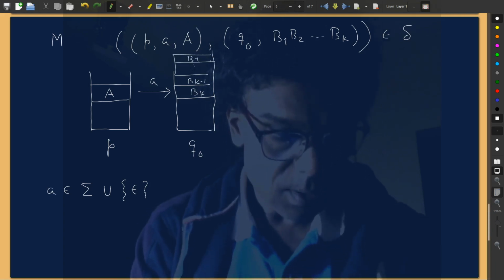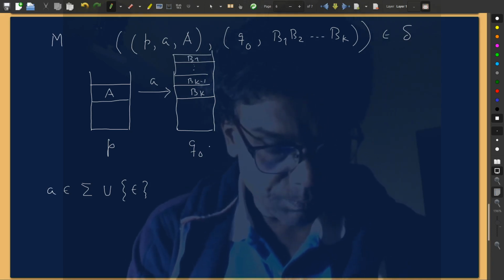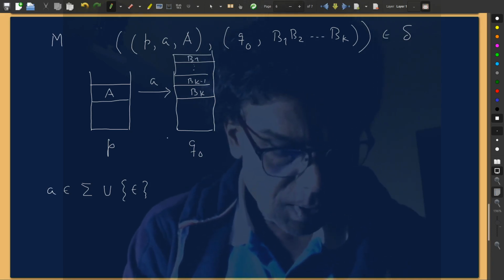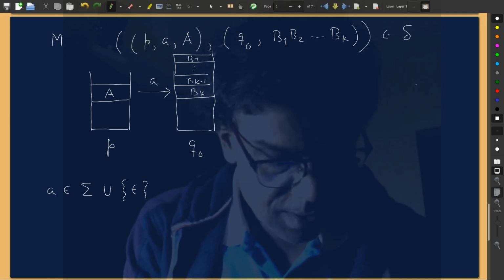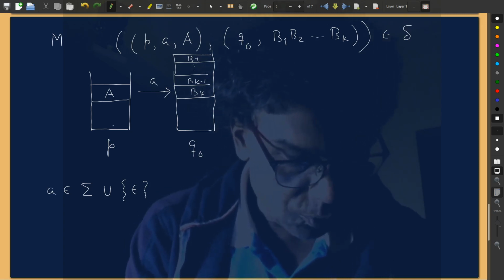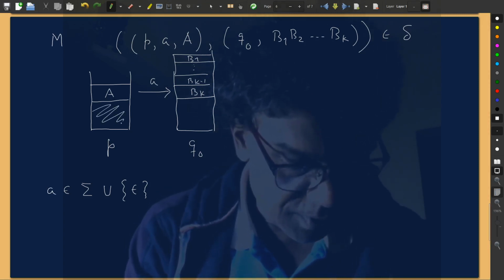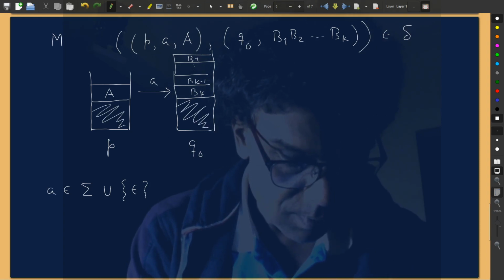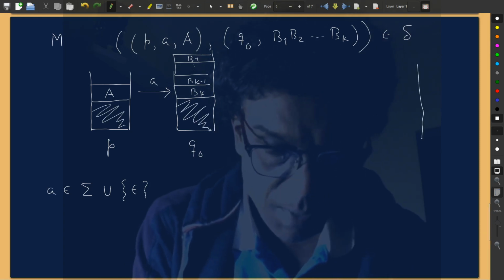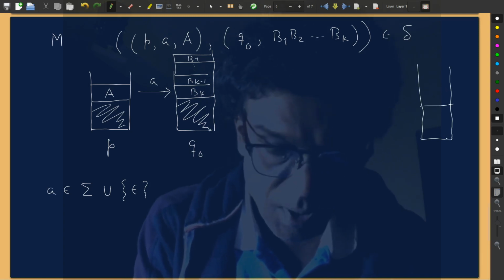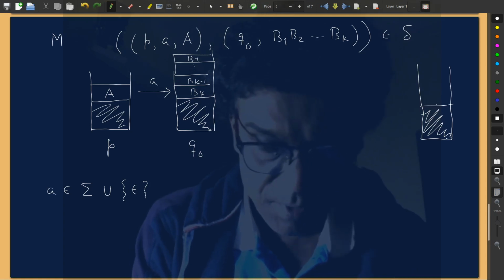I am eventually interested in when M goes to this configuration, so this part I am not touching. This is kept constant, and this A is just removed.